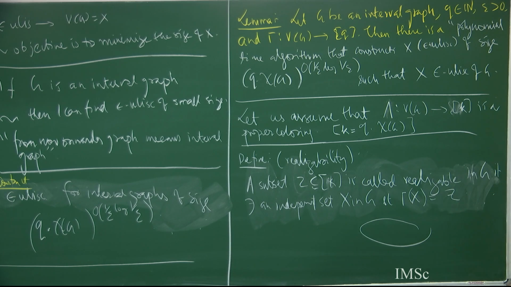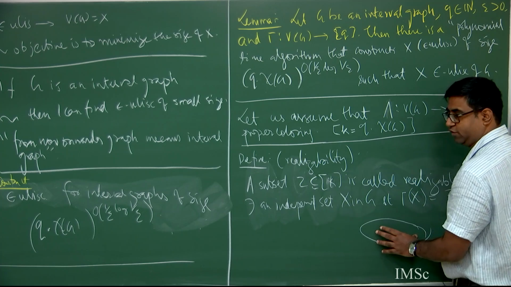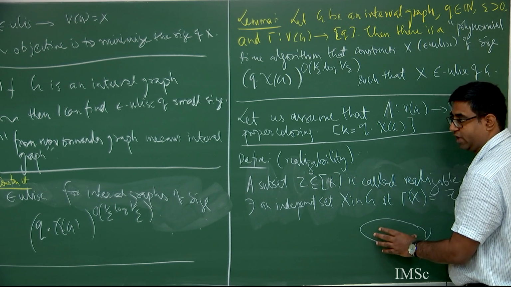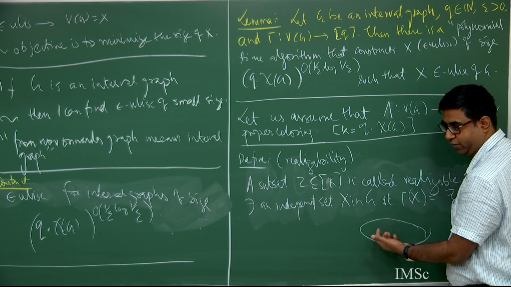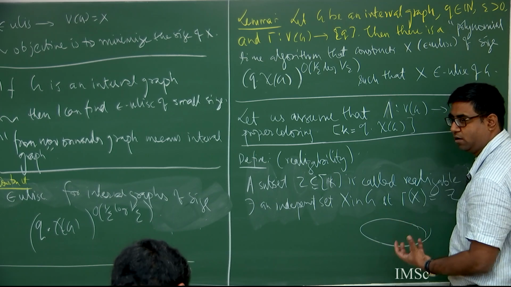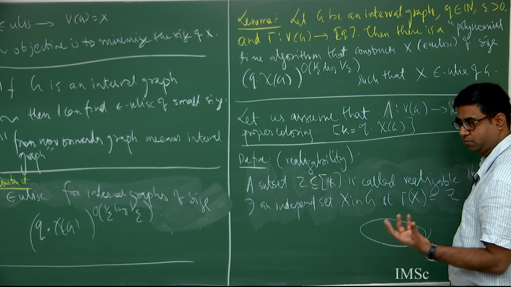Now the struggle was to come up with the right definition of whatever she was saying. What she said is that, fine, if I do not find a multicolored independent set, what should I do?